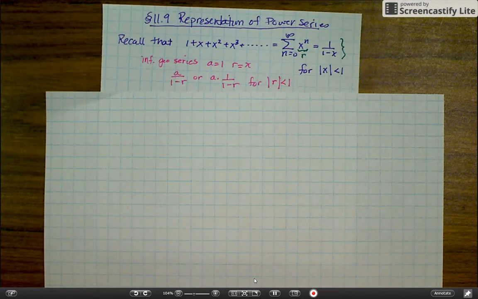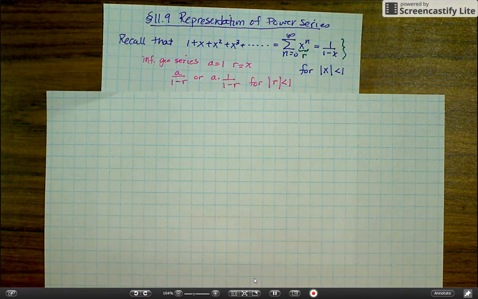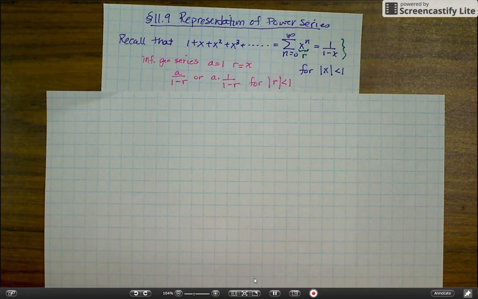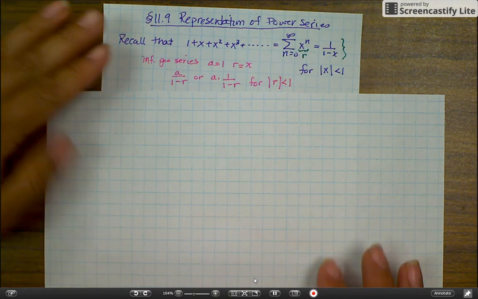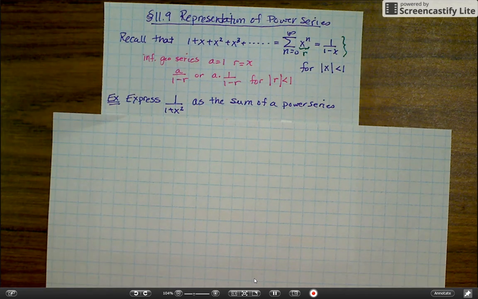So now, we need to work with this so that we can deal with other expressions and write them in power series form. Here is our first example. The example says, express 1 over 1 plus x squared as the sum of a power series.